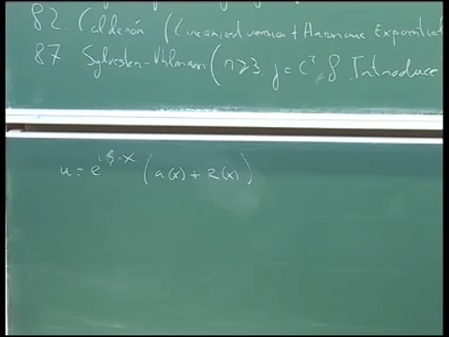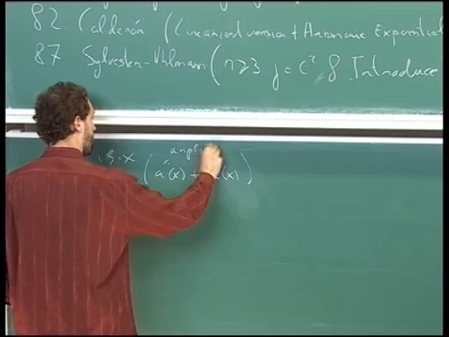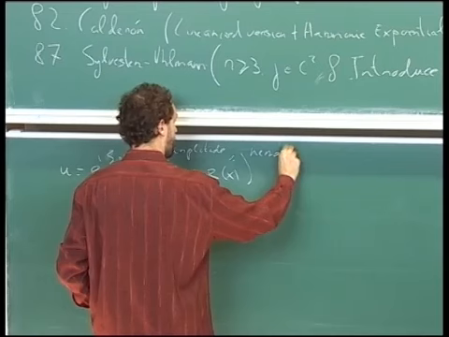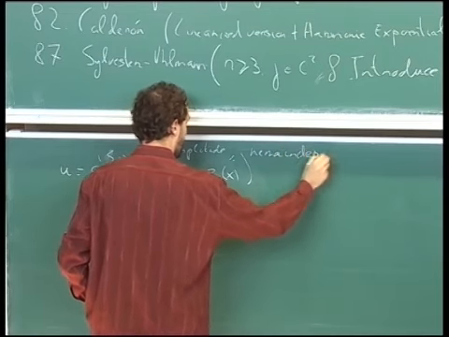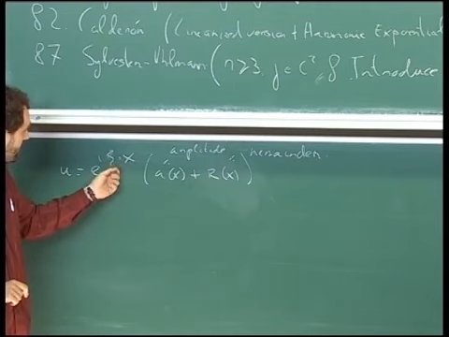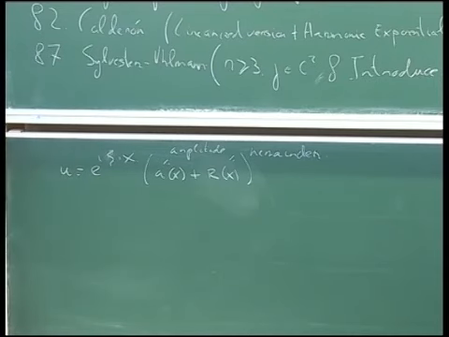Okay, and this is the amplitude, and this is the remainder. And the remainder, as its name says, the idea is that it will go to 0. So that in the limit, when this frequency is high, we will have the complex exponentials. Okay?